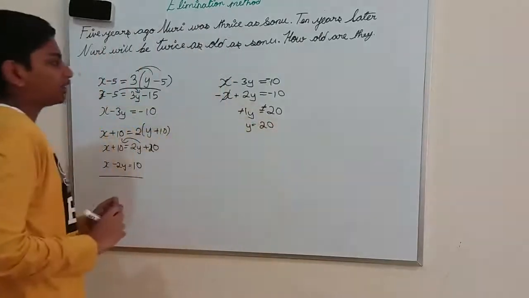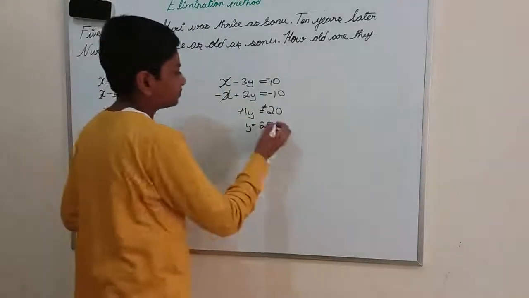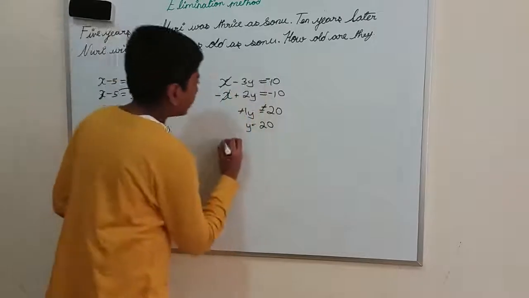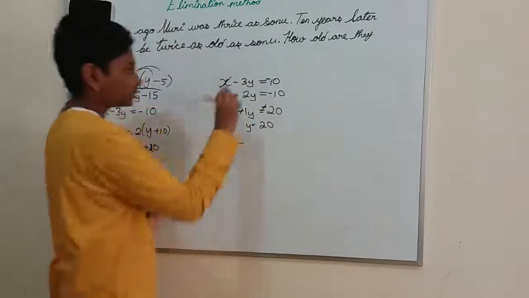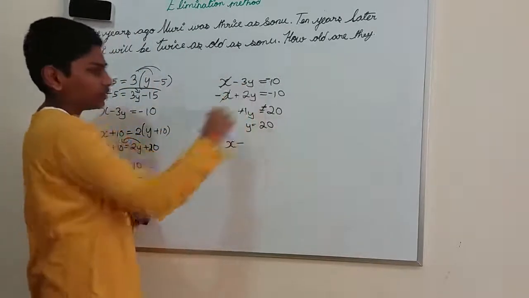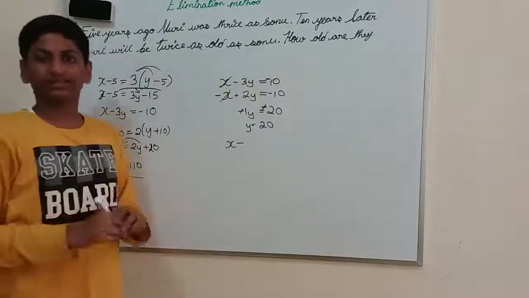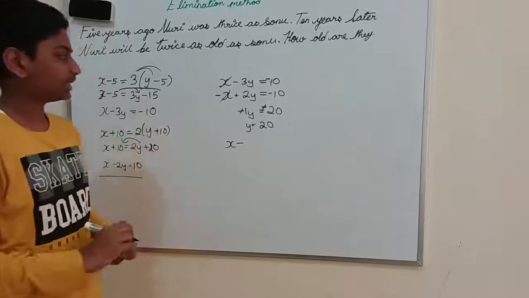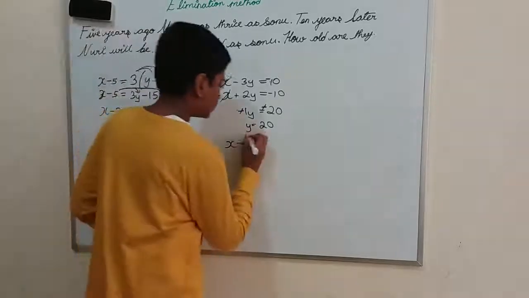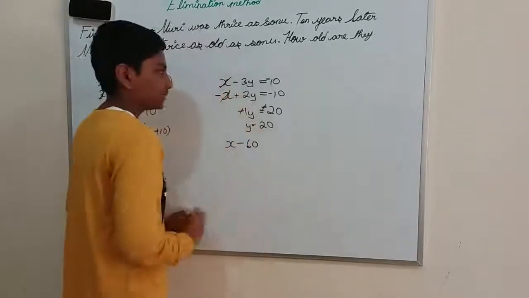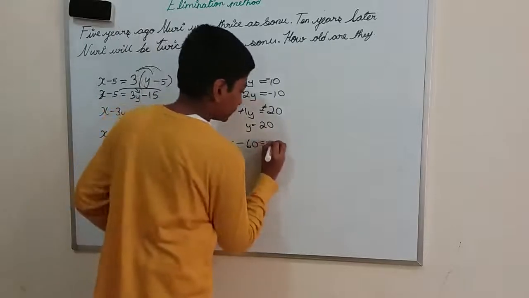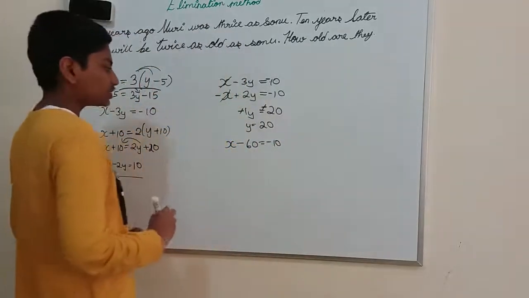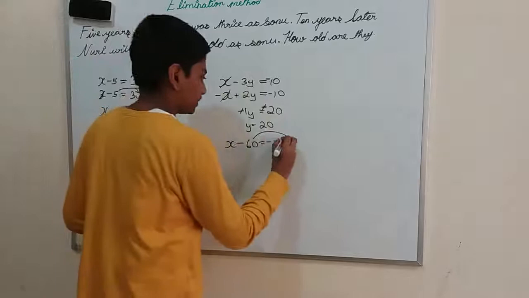Now how to find the value of x? As you know, we should substitute the value of y over here. So x minus 3y, where the value of y is 20. So 3 into 20 is 60. So x minus 60 should be equal to minus 10. So I should transpose it over there.